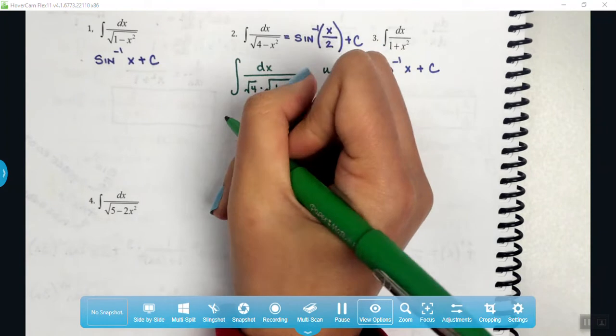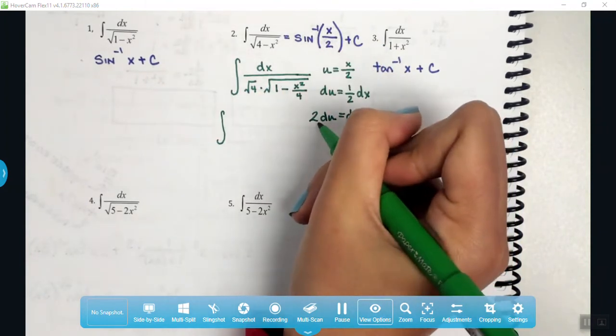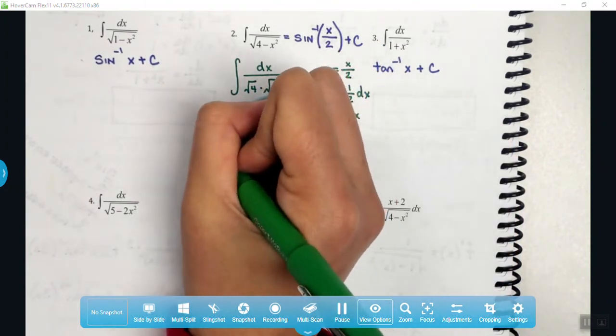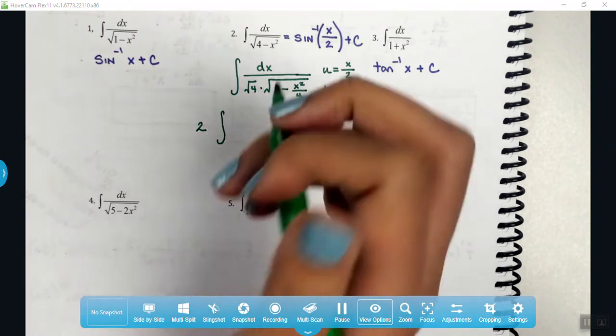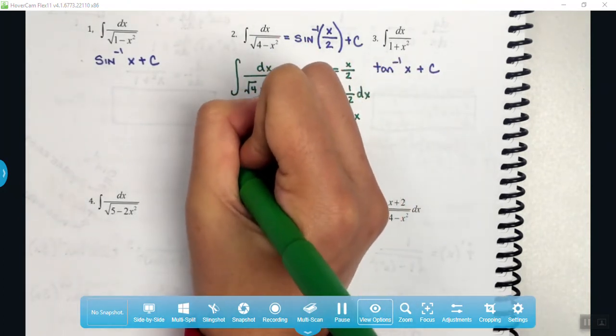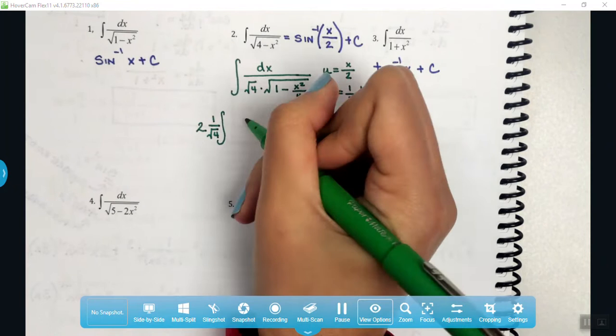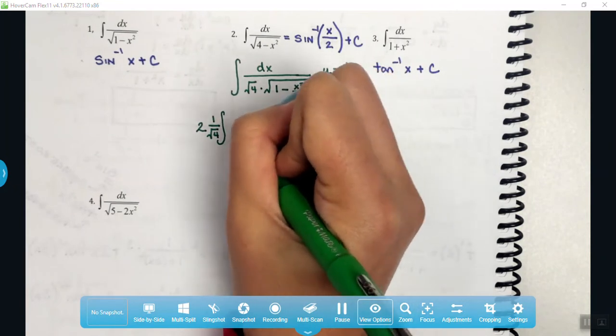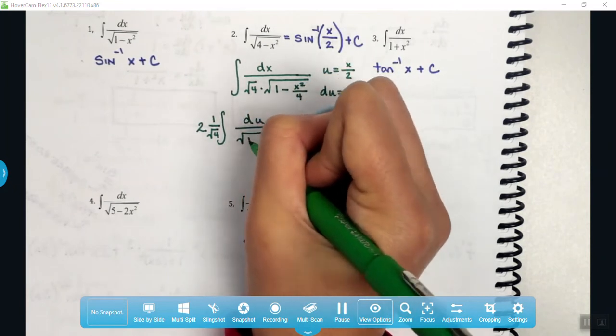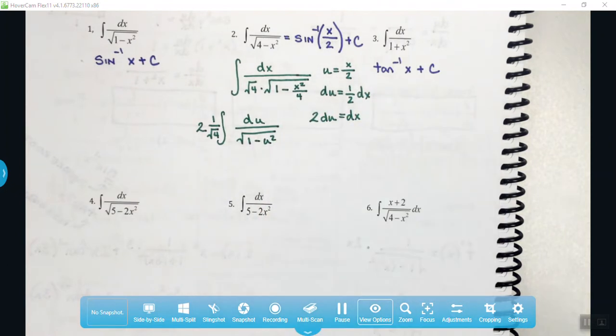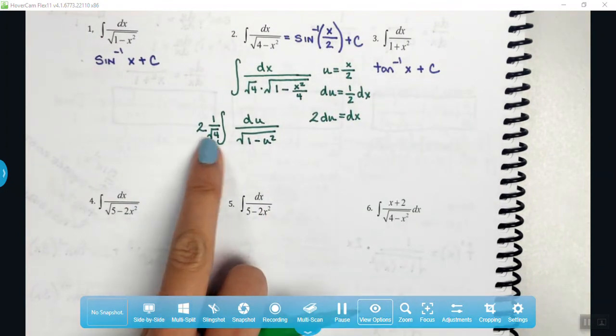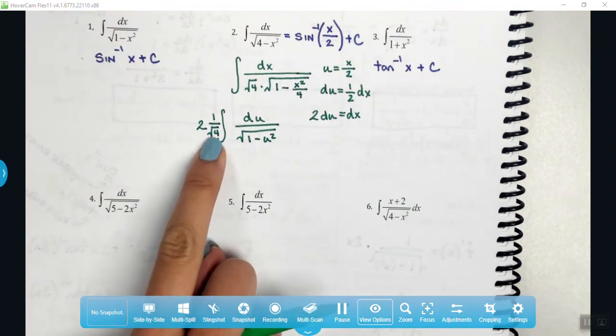And if I rewrite my integral, I'm going to pull out the 2, but I'm also going to pull out the 1 over root 4. And then this becomes du over root 1 minus u squared. Okay. So what do the 2 and the 1 over root 4 do?